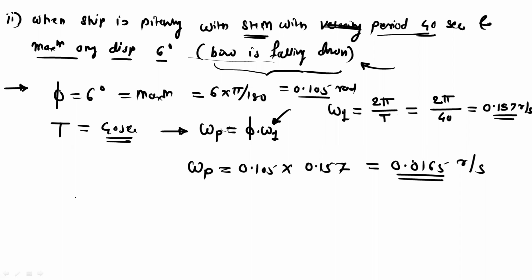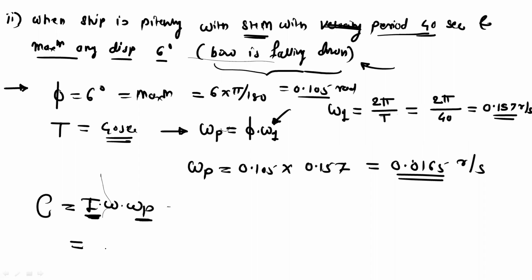After omega p, just put the values in this formula: C is equal to I omega into omega p. We have just calculated the omega p value. Now this omega is nothing but the propeller speed, and it is given in the problem. I we have calculated, just refer to the last case.